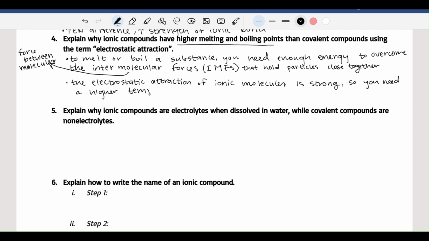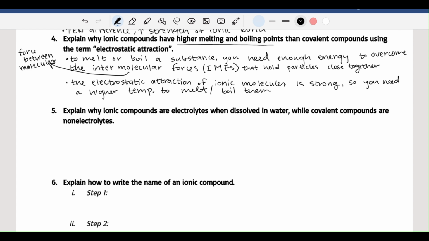Higher temperature means higher average kinetic energy. So again, you need energy to overcome those forces. So you're trying to pull the atoms apart, so you have a lot of energy involved, so you need a higher temperature. Let's get a definition.